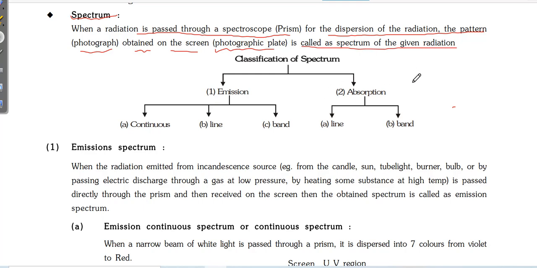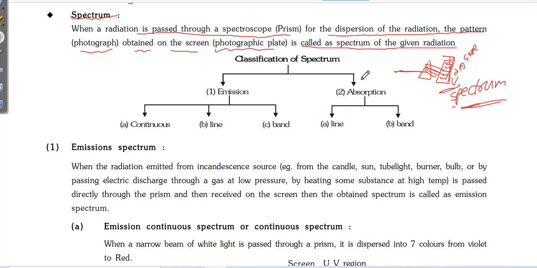You watch many experiments, generally in the lower classes. We keep one prism here, then this light is splitting into VIBGYOR colors. So this plate is called spectrum now. It is also one photographic plate we can say.